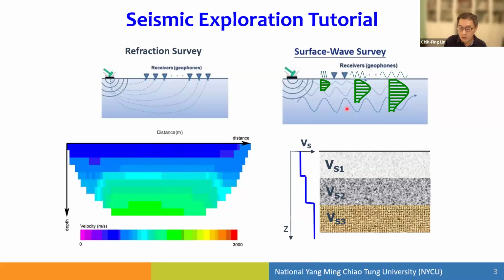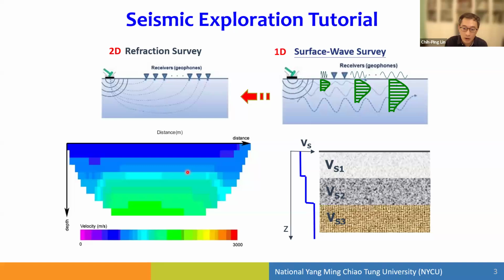Right now, surface wave is mainly a 1D method, while seismic refraction is a powerful 2D imaging method, but it does contain some limitations. There is a condition where you cannot detect a hard layer over a soft layer or an embedded soft layer.